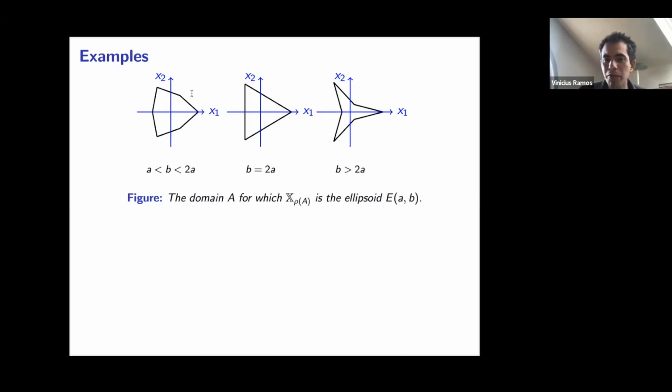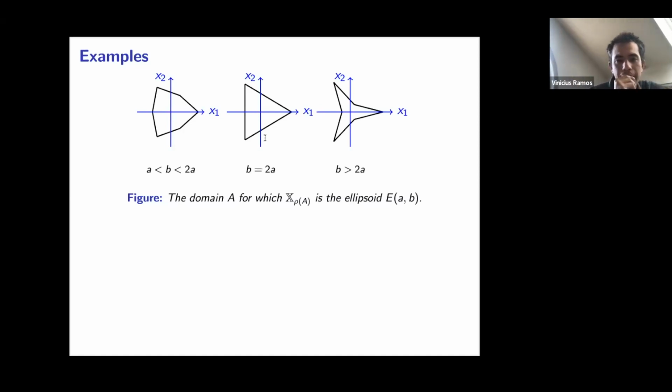And here's a picture of what happens for the A. It's actually kind of surprising, but this is always going to be a hexagon unless B is equal to 2A or A equals 2B. But supposing that A is less than B, for B equals 2A we have a degenerate hexagon, so a triangle. And for B less than 2A, we have an acute hexagon. And for B bigger than 2A, we have an obtuse hexagon.